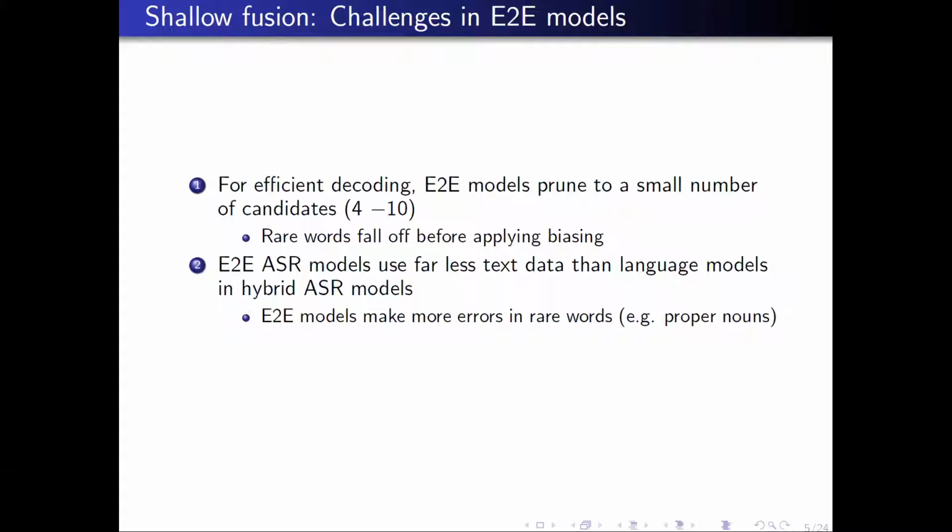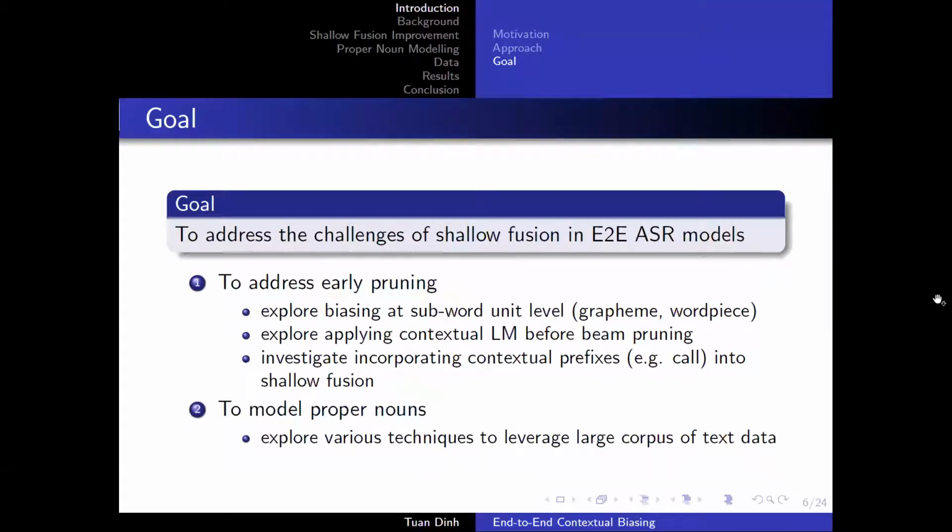As a result, end-to-end models make more mistakes on rare words. So the goal of this paper is to address the challenges of shallow fusion in end-to-end models, as well as improving the performance of end-to-end models.